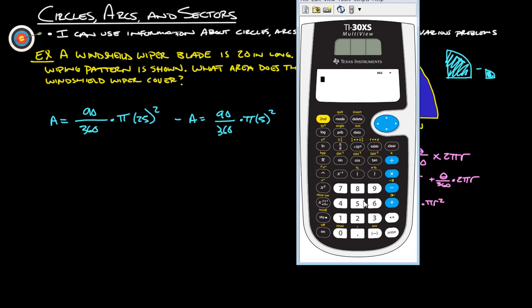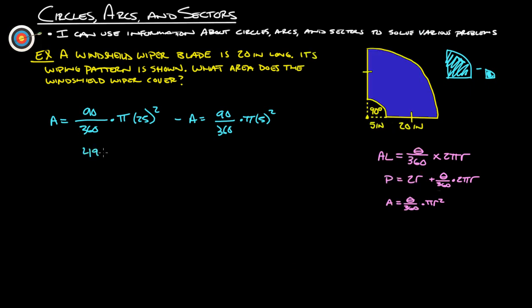So we do 90 divided by 360, which hopefully you saw is a quarter of a circle, okay? Multiply that by pi, and then also multiply it by 25 squared, and that gives us 490.9, we'll call it. 490.9, and that's square inches.